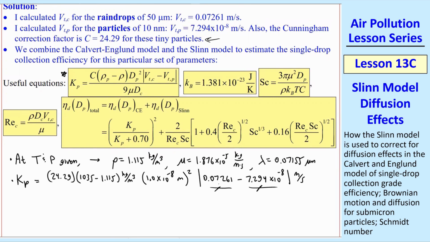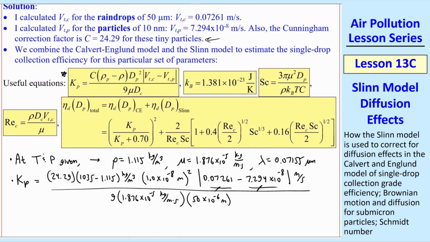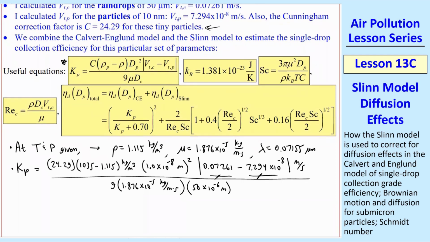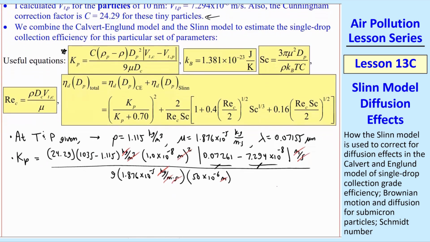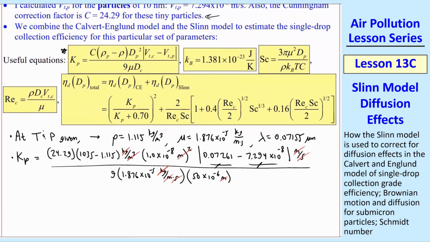But we include it, especially in the software, because we're going to extend this to a range of dP, and then that won't always be the case. And then divide by 9 mu dc. Watching all our units, of course, you can verify that they all cancel, as they must, because Kp is a non-dimensional parameter. We get Kp equal 2.160 times 10 to the minus 5.